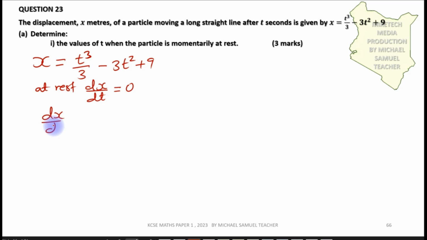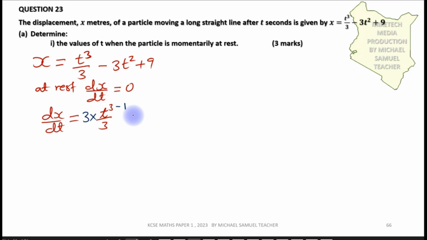So dx/dt will be given by differentiating what we have. We have t raised to 3 over 3. When differentiating, we multiply by the power, and then we reduce the power by 1.